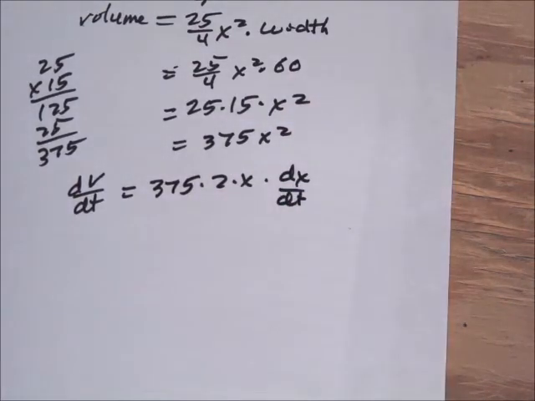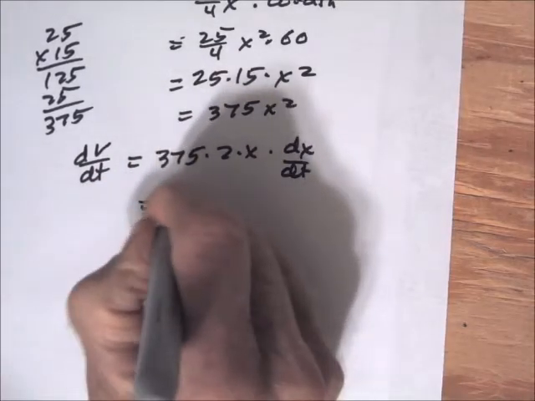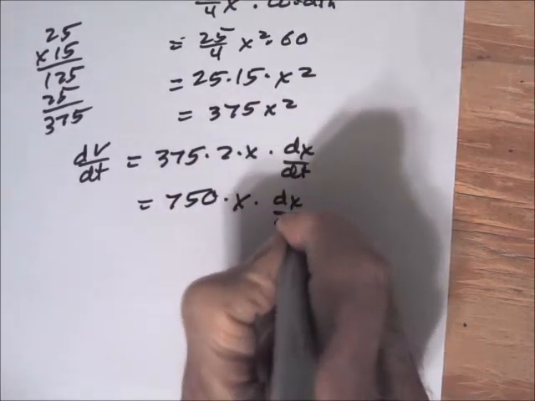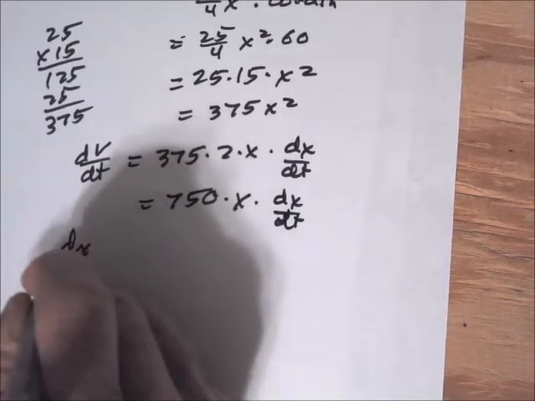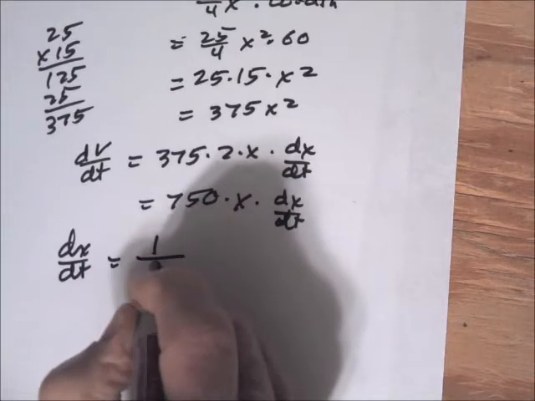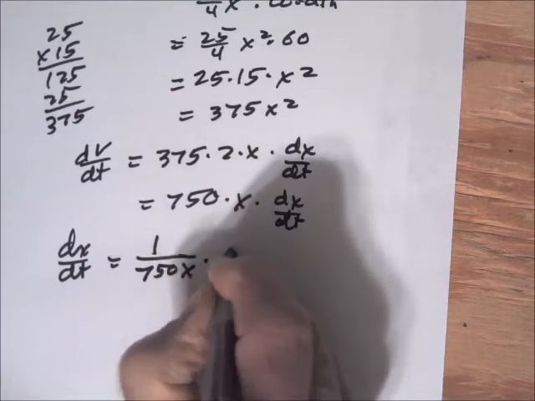And then we know dV/dt. We want to solve this for dx/dt. So this is 750 times x times dx/dt. So if we solve for it, dx/dt is 1 over 750 x times dV/dt.